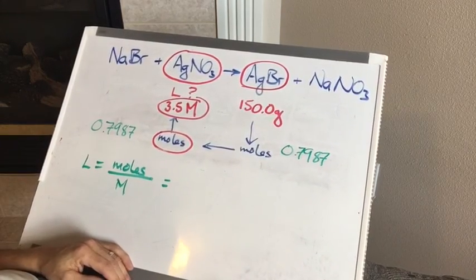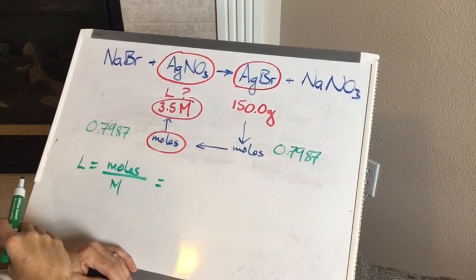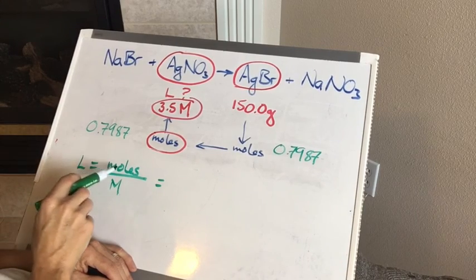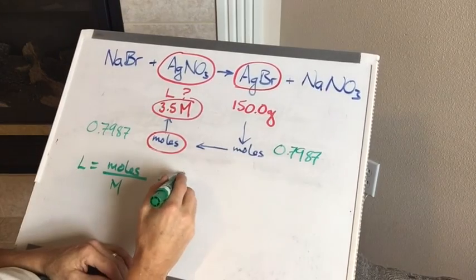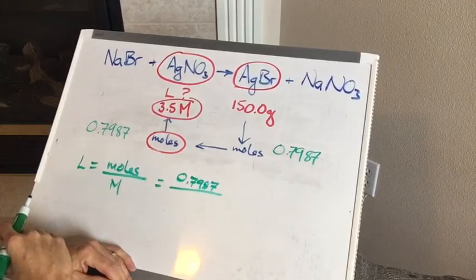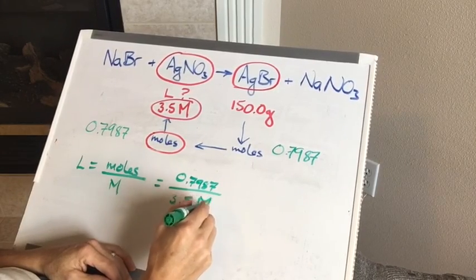So in order to get liters, we've already decided earlier that we changed up the original formula, molars equals moles over liters, and now we've got liters equals moles over molars. We've got moles, 0.7987, and we've got molars, 3.5 molars.